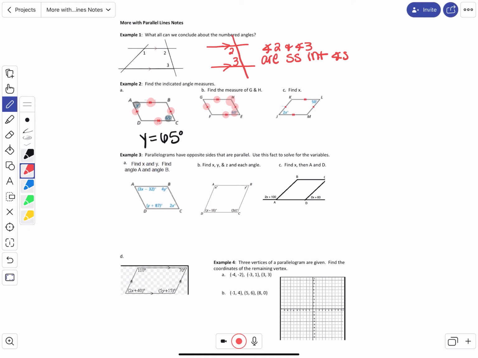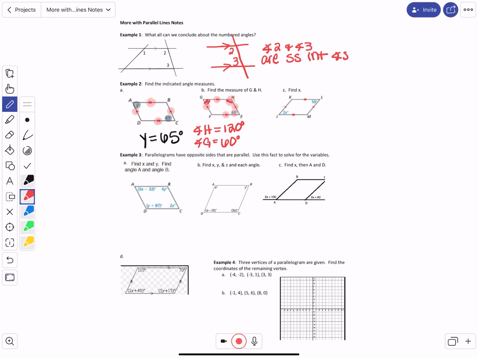So you would do 180 minus 60. So angle H would be 120 degrees because 180 minus 60 is 120. Okay. And this angle and this angle here are also same side interior angles. So those two angles would have to add up to be 180, which means angle G would have to be 60 degrees.